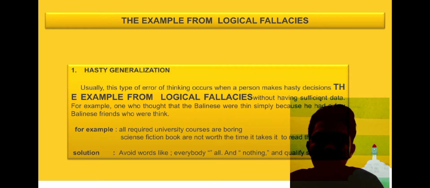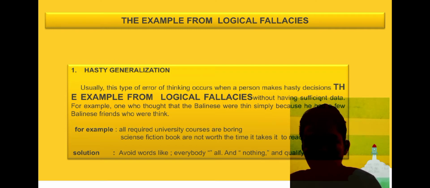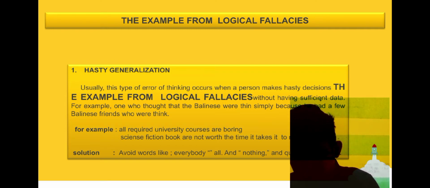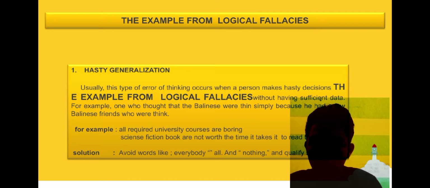Number 1. Hasty generalization. Usually, this type of error of thinking occurs when a person makes hasty decisions. For example, one who thought that the Balinese were thin because he had a few Balinese friends who were thin.